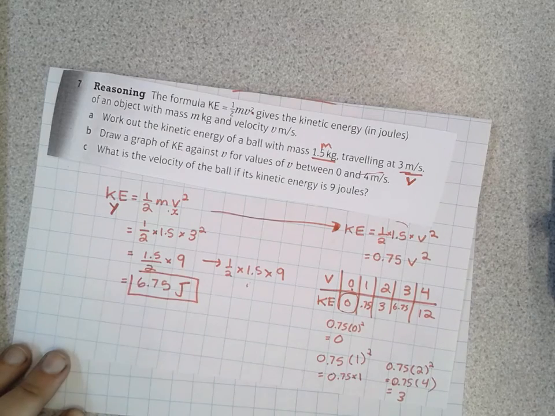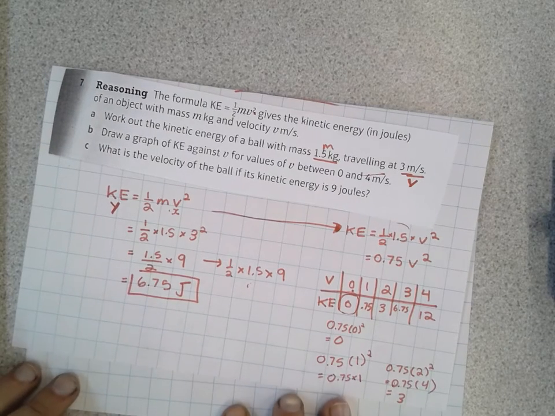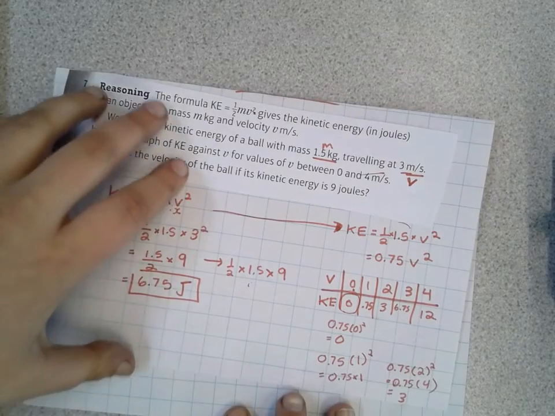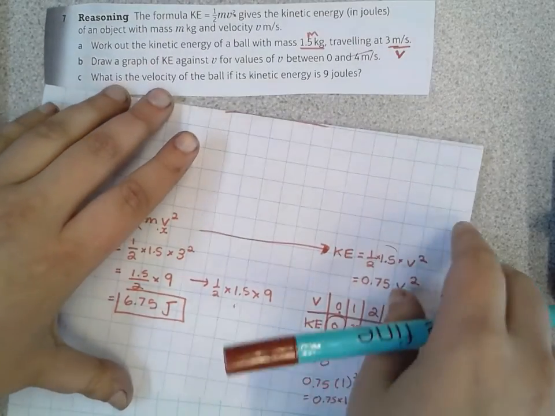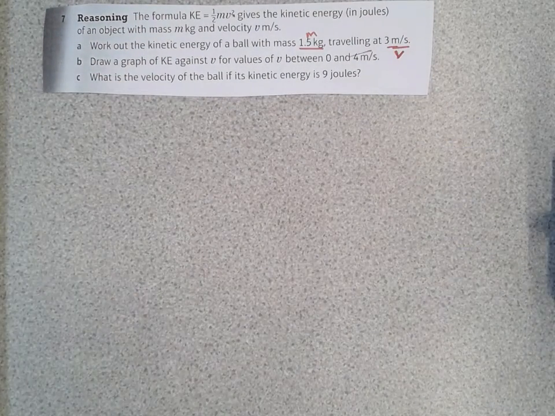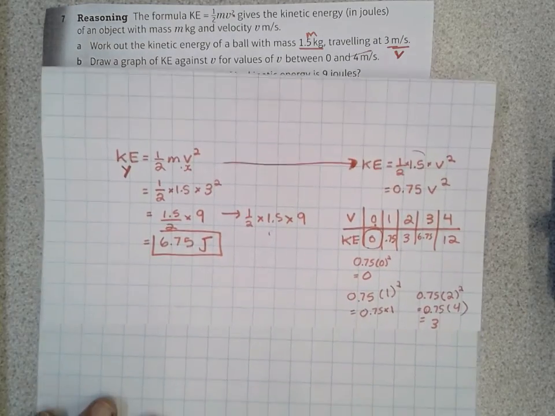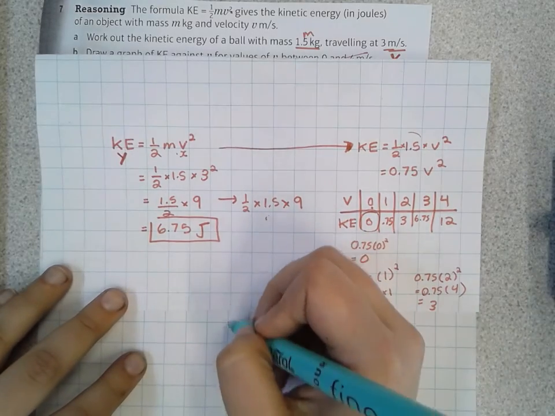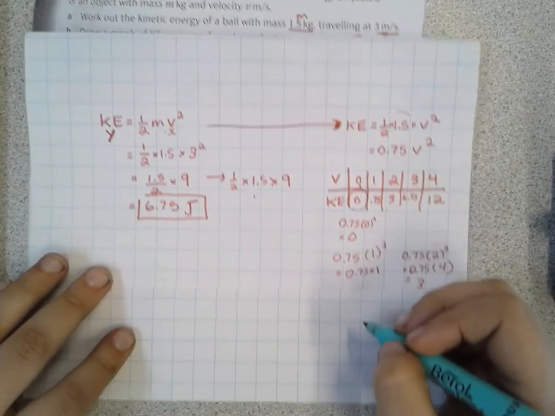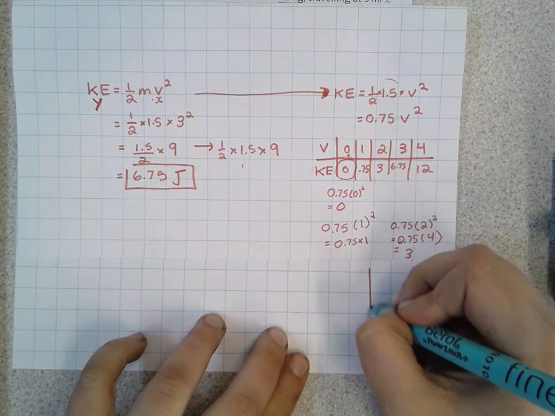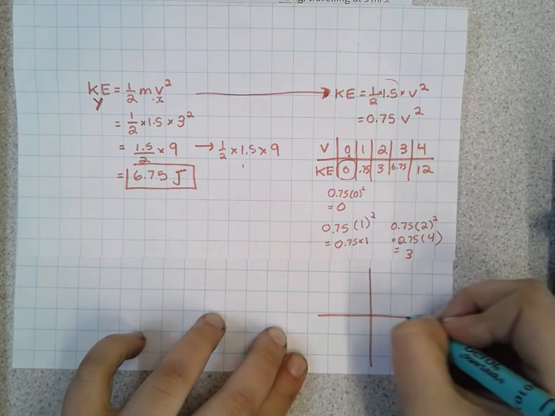So if we're going to graph this then, I'm going to keep this here and I'm just going to move it up so we get a bit of space for graphing. Here we are. So in my graph, I'm going to make just a very tiny one to save some space.